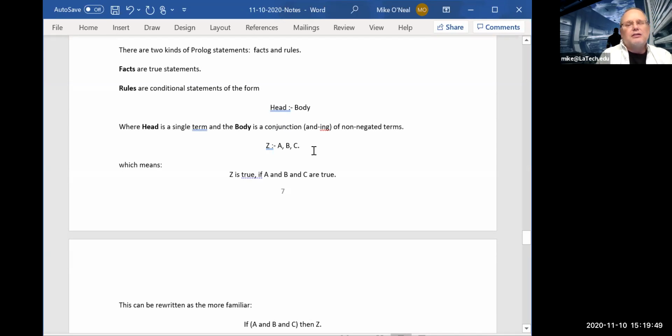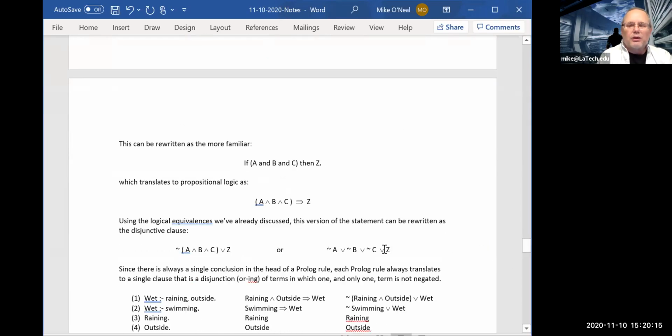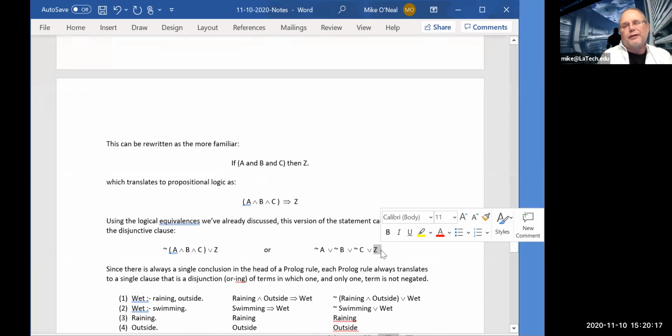You can't say Y or Z is true if these other things are true. You've got to be able to conclude one thing based on whether some other things are true. So you can only have one conclusion to your if statement. And because of that, you can only have one positive term there. Okay? That's where that restriction comes from.